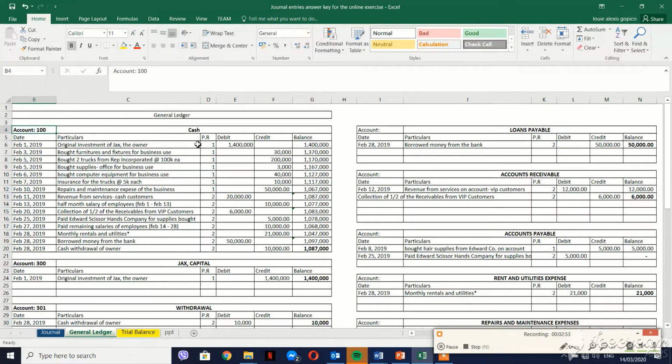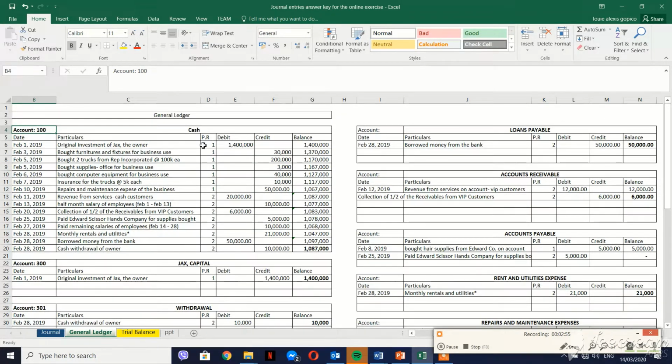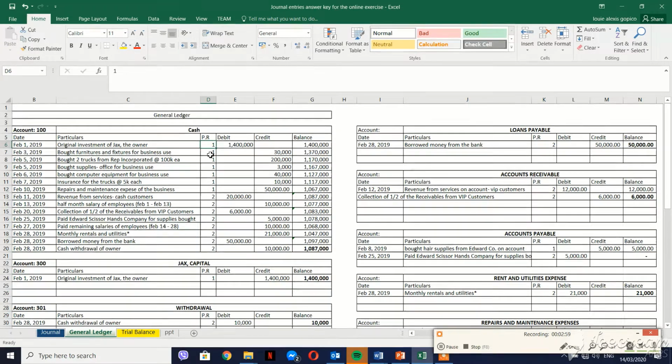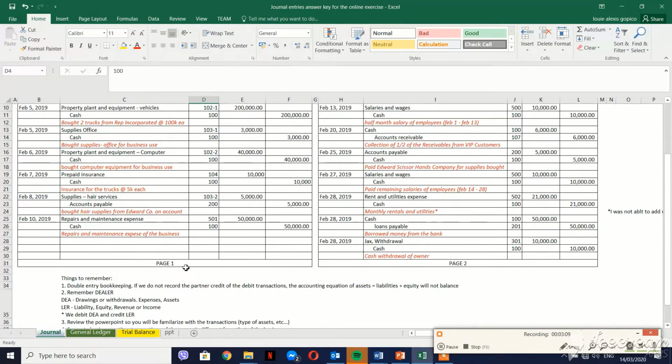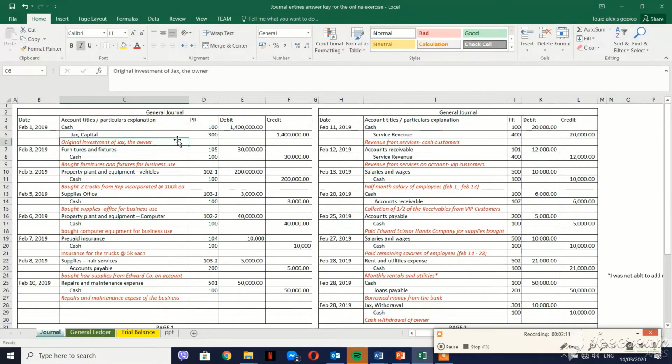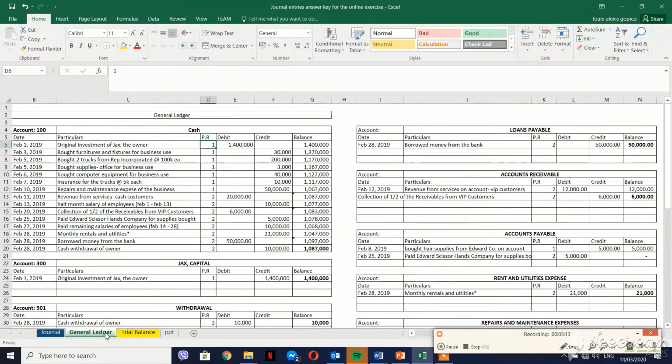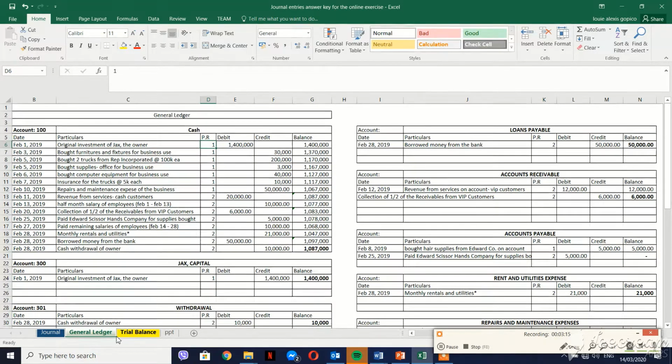It is pointless to add the account code here as well. So you should put the page number of the journal where the transaction is located. So original investment of Jax, page 1. So you will not get confused. Oh, on page 1. See, page 1, it is here. Original investment. Okay? So cross-referencing to avoid confusion.